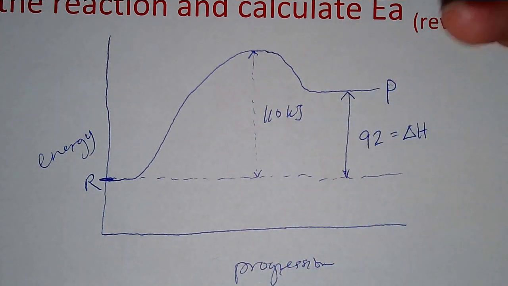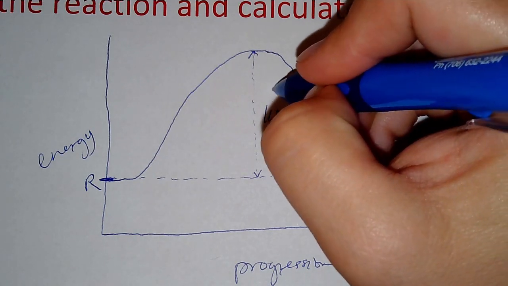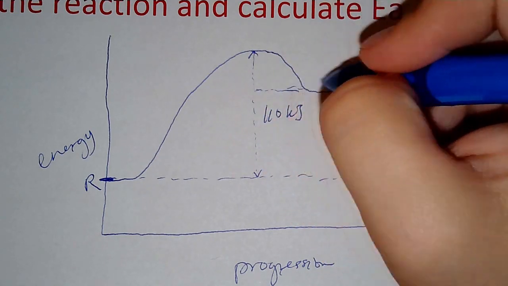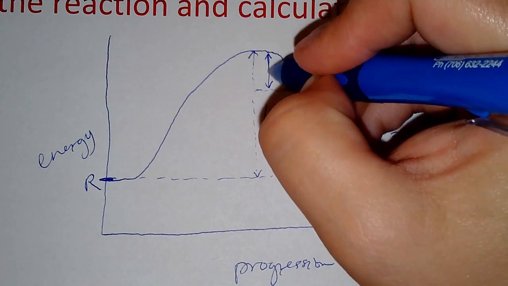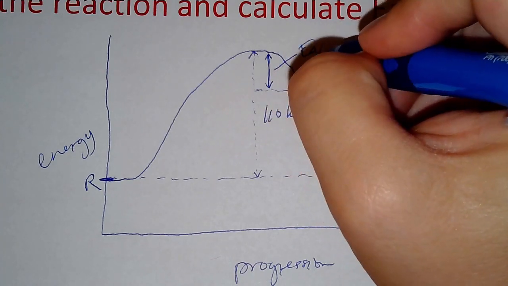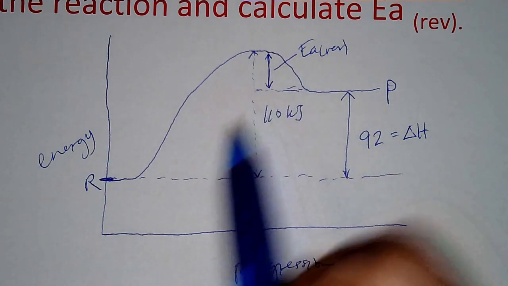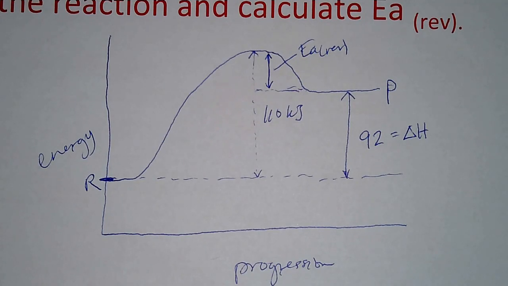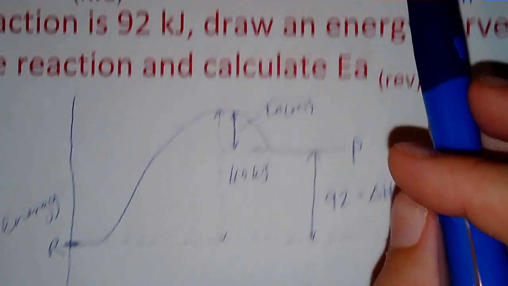And I'm looking for my activation energy of the reverse, which would be from here to the top. Alright, and that's their value. So we can see from the picture that it's going to be a small number for our activation energy of the reverse. And we can do our calculation with our equation like we did here.